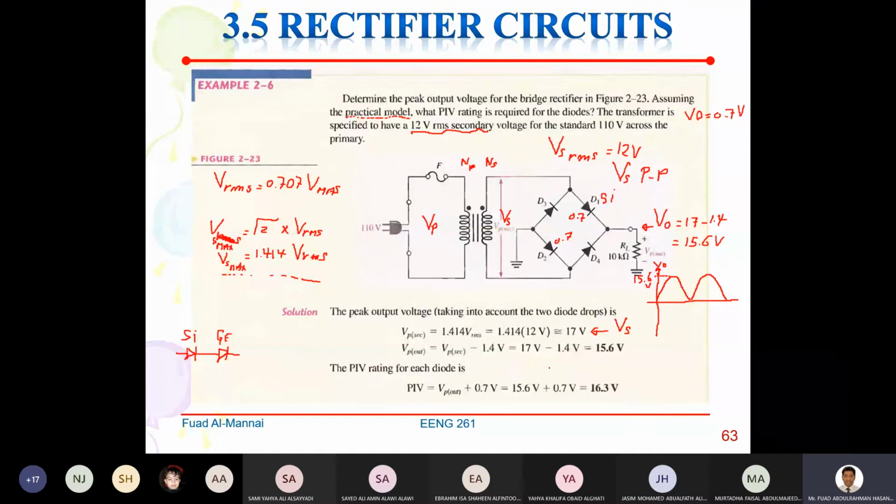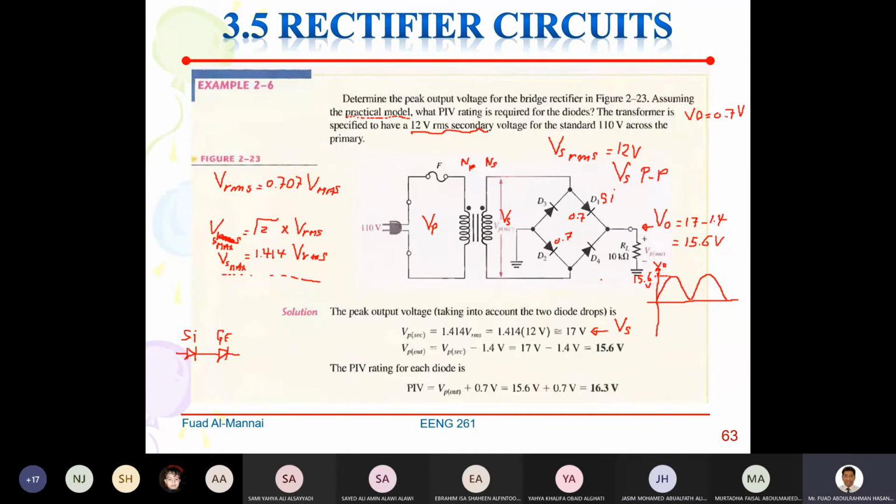Any questions? Okay, guys, here's a question for you. If I want to calculate the average value, V average or VDC, what is it equal to? Anybody? Vmax over pi is for the half-wave rectifier.